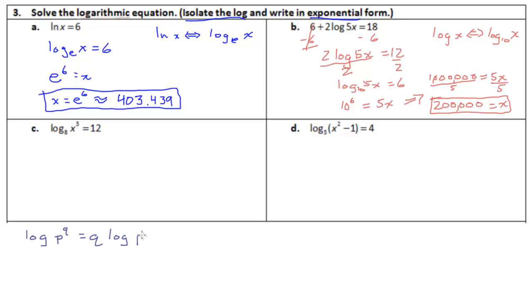In other words, logarithms are the exponent, and if we have an exponent, we can bring that out front.